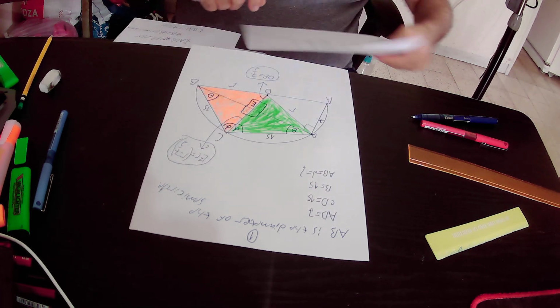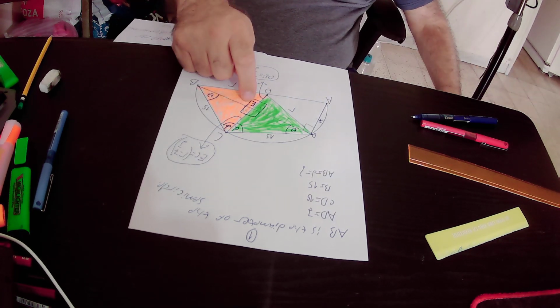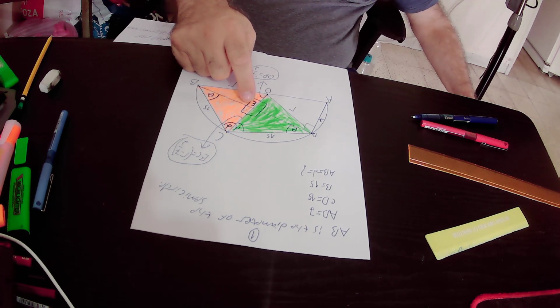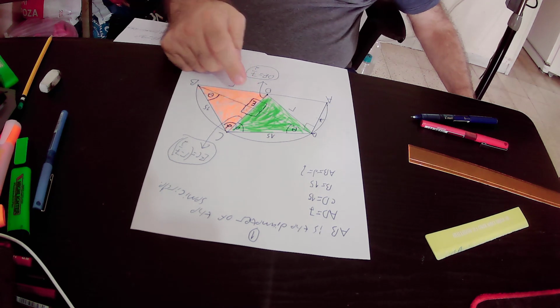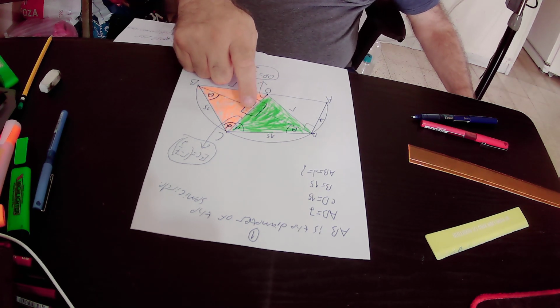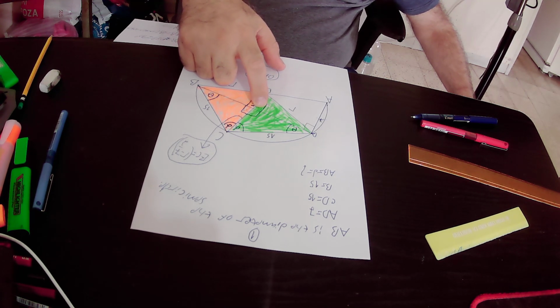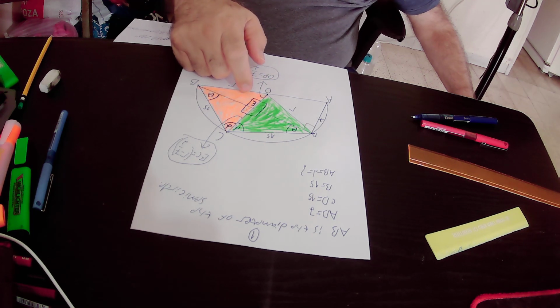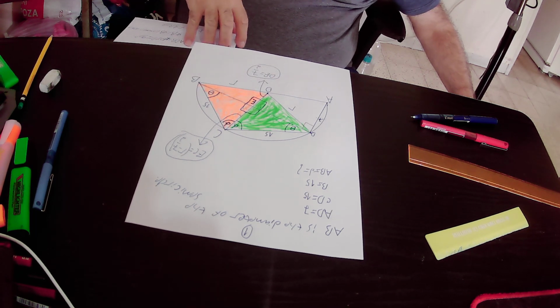So the sum of the angles around point E must be equal to 360 degrees according to rule number 4. We have 3 angles whose sum is 270 degrees plus this angle, angle y, must be equal to 360 degrees according to rule number 4.